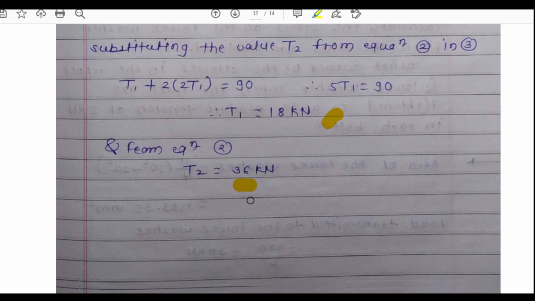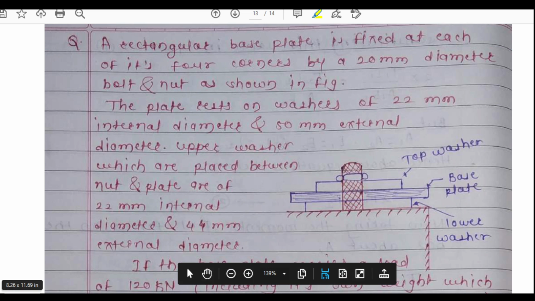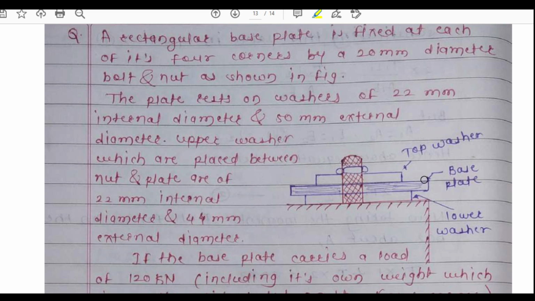Okay, now we'll move further to the next example. This is a rectangular base plate which is fixed at each of its four corners by a 20 diameter bolt, and the nuts as shown in the figure. The plate rests on washers of 22 internal diameter and 50 external diameter.